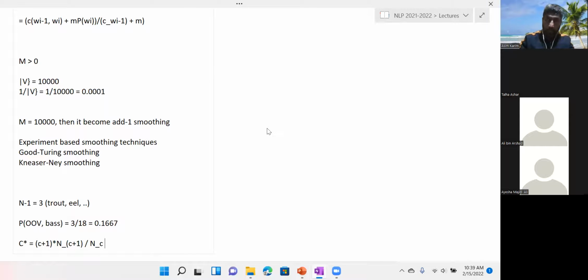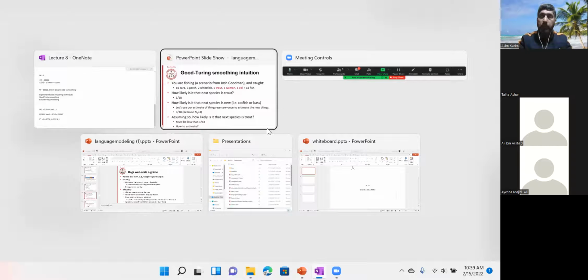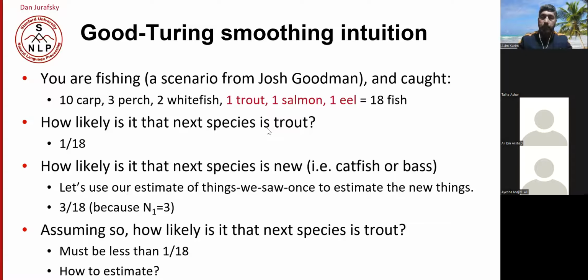So in this case, for example, let's say 2 white fish, okay. So what is N2? N2 is actually 1.